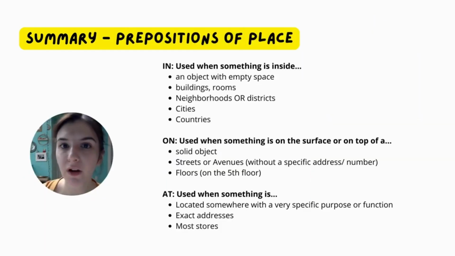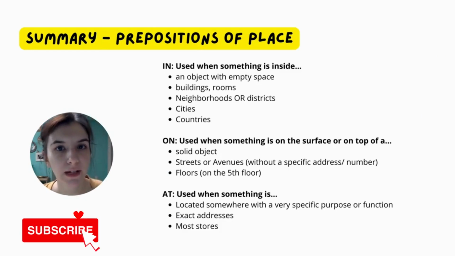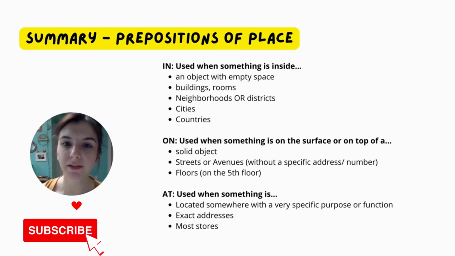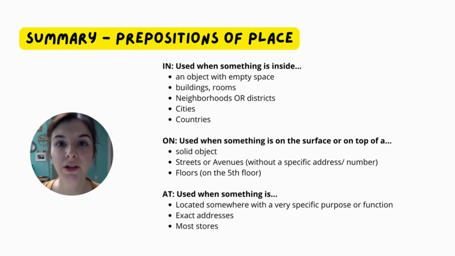So before we move on to prepositions of transportation, let's just quickly summarize prepositions of place. So remember, we use in when we want to describe something that is inside an object with empty space, like a cup. When we want to describe something that is inside buildings, rooms, neighborhoods or districts, cities, or countries.